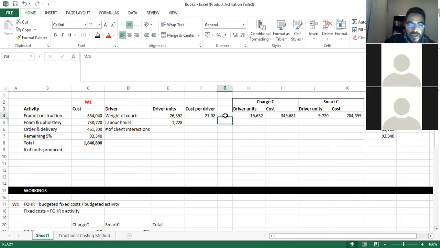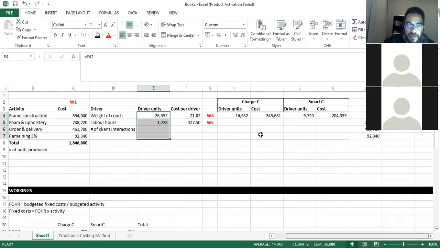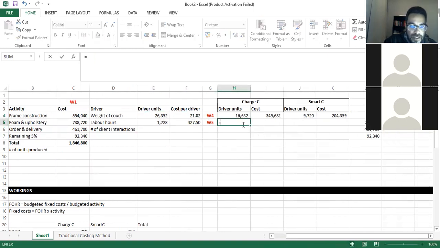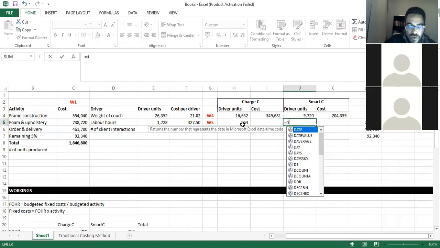Okay, that here is working 5. That total cost divided by cost driver. And I'll just bring this in. So this is C47. You can just check, should be right. And this here is D47.